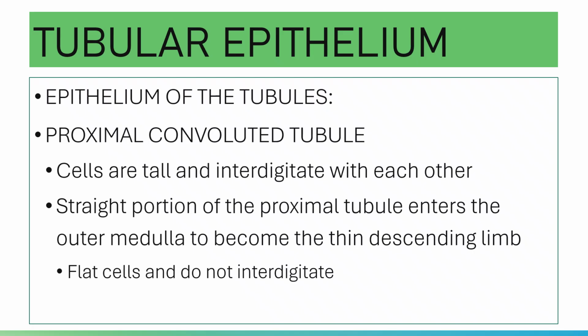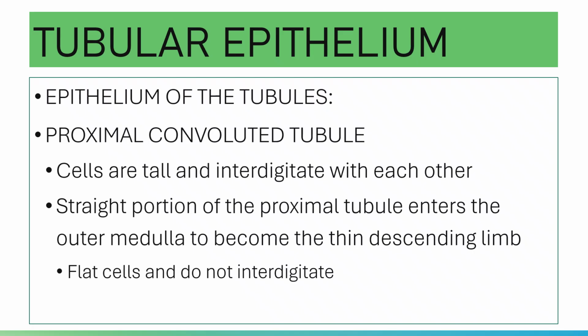Please note that your PCT has a large convoluted portion, no? You call that your pars convoluta. And then there is a straight portion, you call that your pars recta. This straight portion, the pars recta, is otherwise known as the thick descending limb of the loop of Henle also.